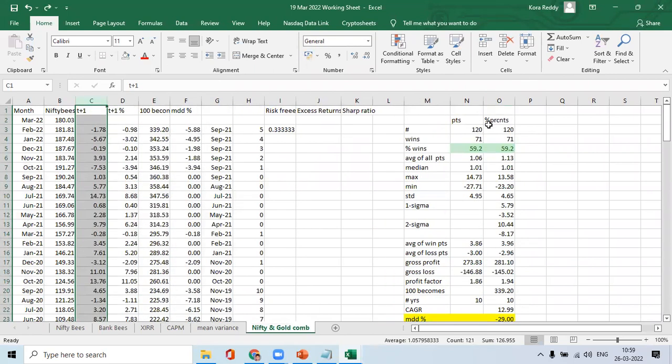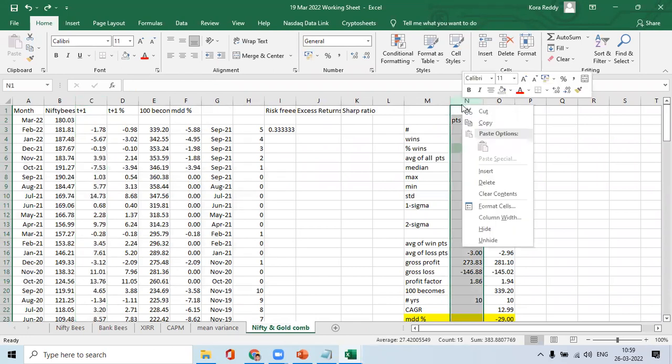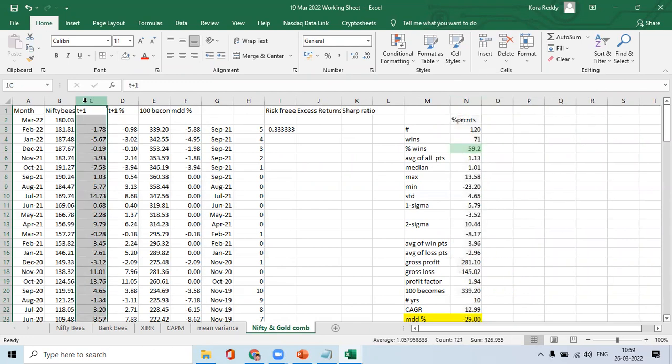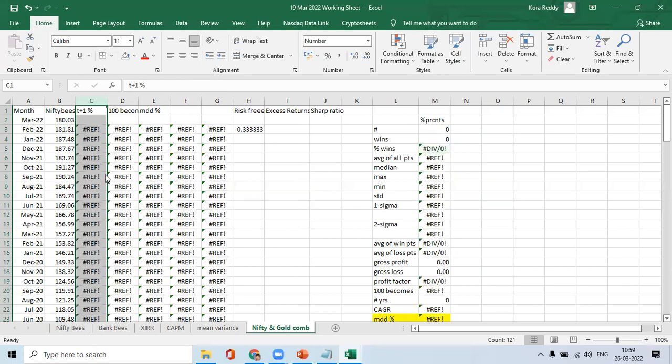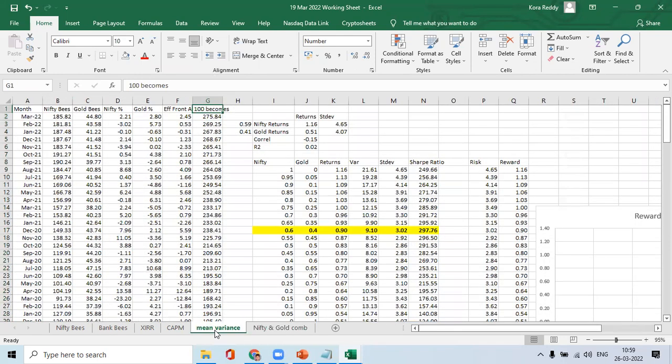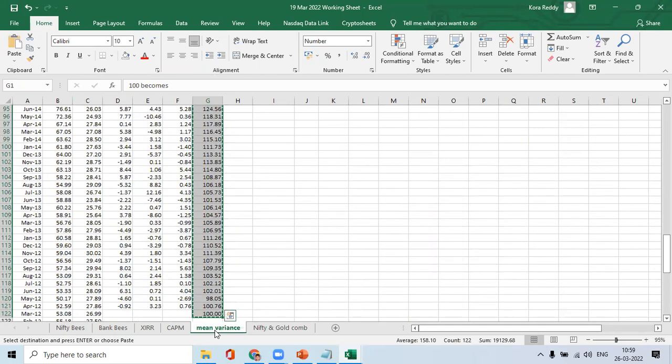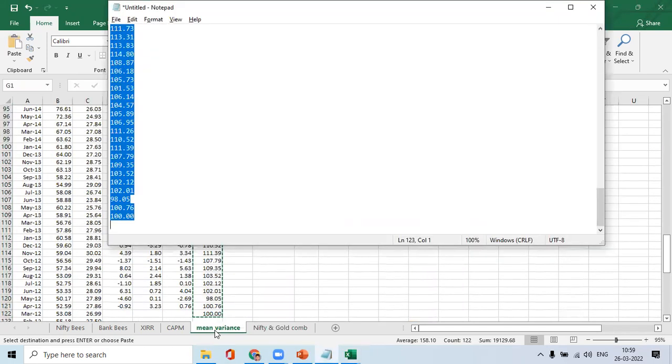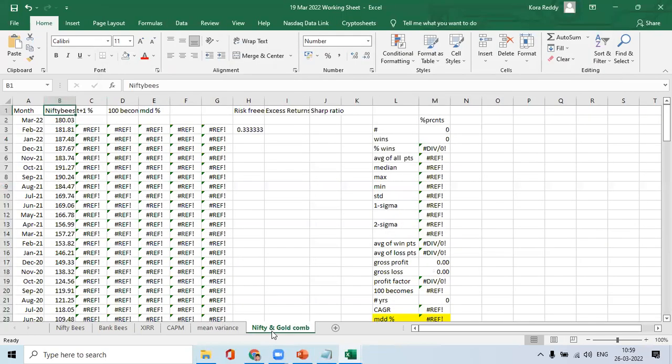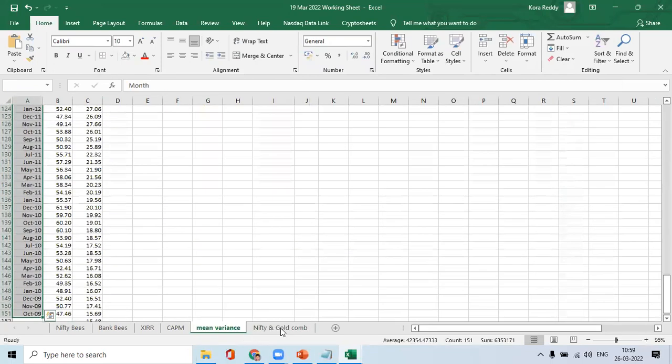Okay. So this will go. We'll simply get this. This is your Nifty and gold combination. We just copied the 100 stuff and we'll copy the dates.